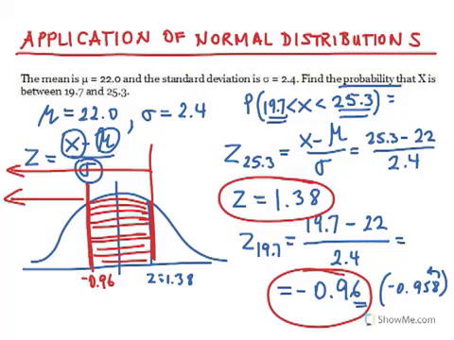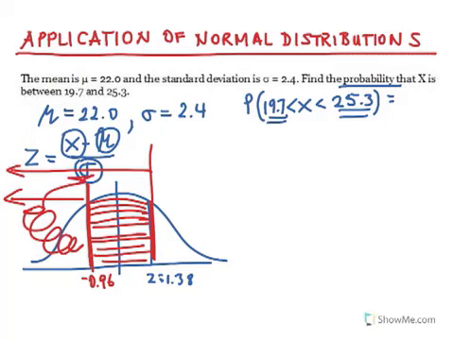And we're going to subtract this area from this bigger one to find the area in the middle. So another way of writing this, P of x between these two values, is to write it as P of z between minus 0.96 and 1.38.